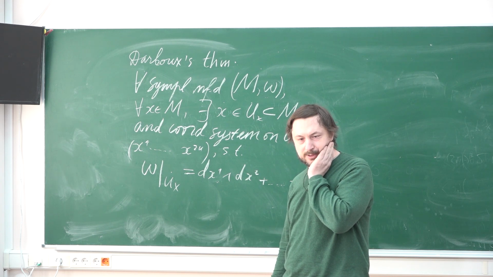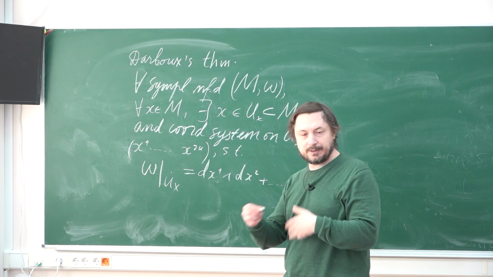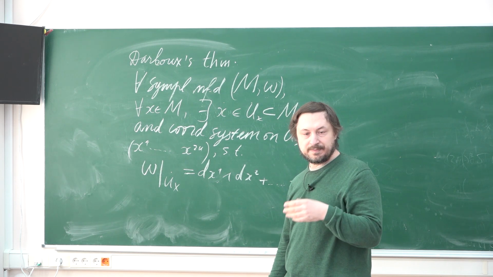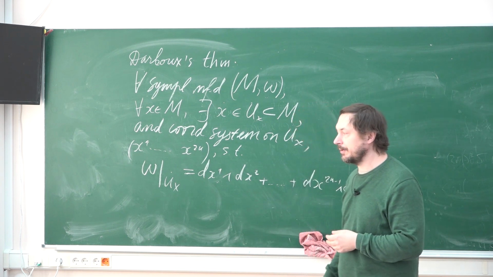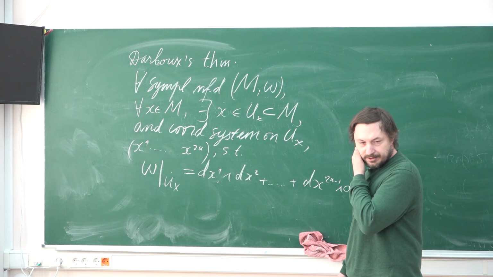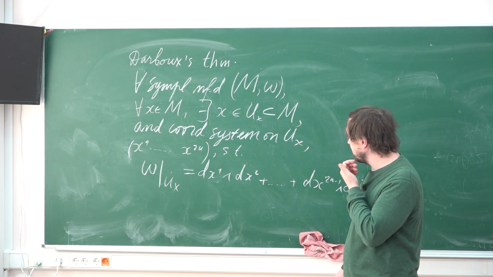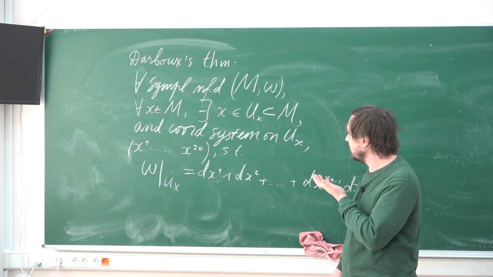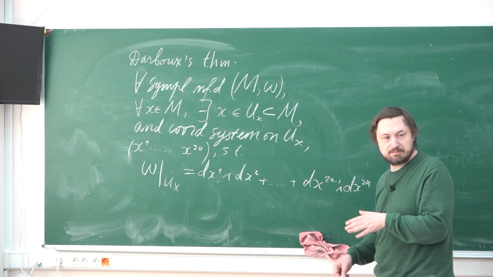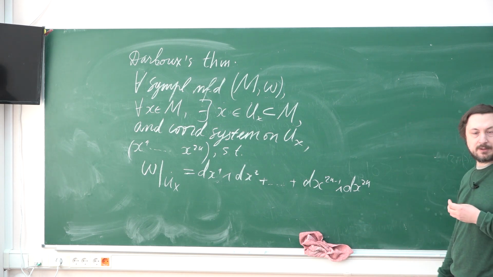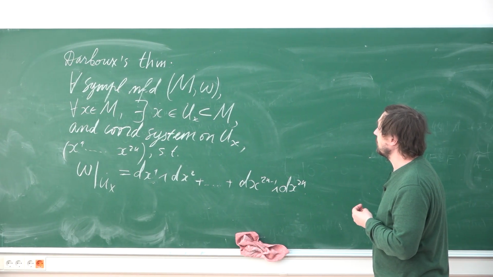Whatever construction you use, whether it is the classical construction which gives you the coordinate system by iterative solutions of differential equations, or the Moser trick that I explained to you last time, this theorem is just an existence theorem, right? We have no hands-on control over the behavior of Darboux coordinates.